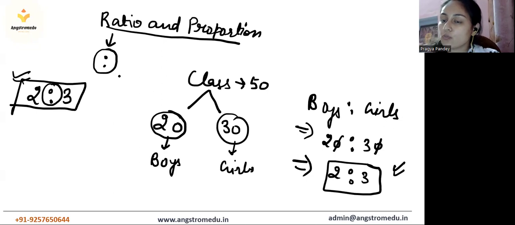Okay, so this is the ratio. We are just comparing the number of boys with the number of girls, and that is how we have calculated the ratio.